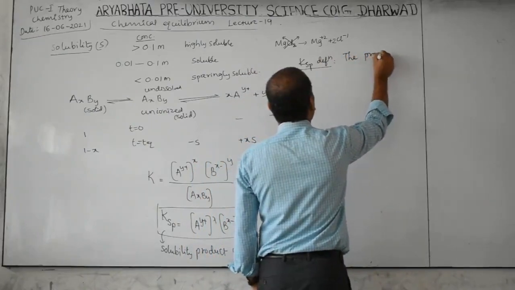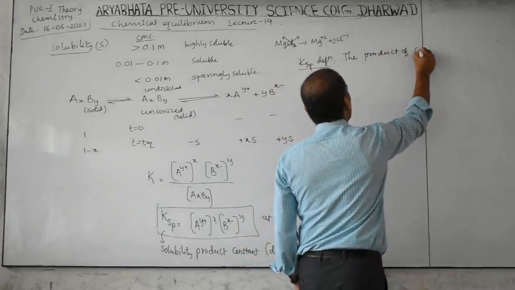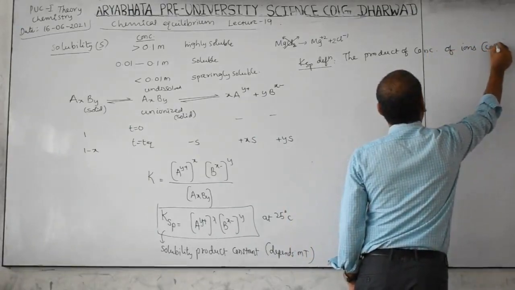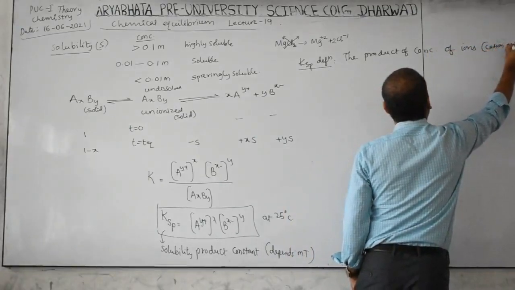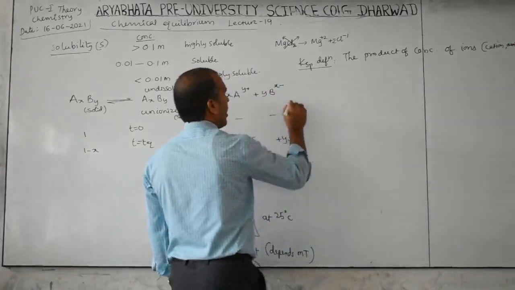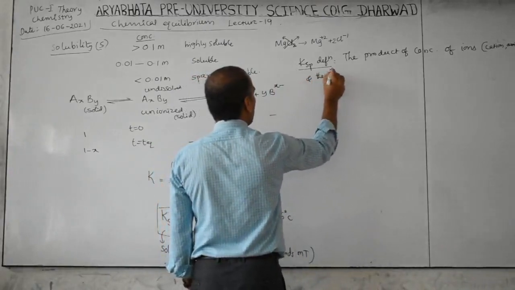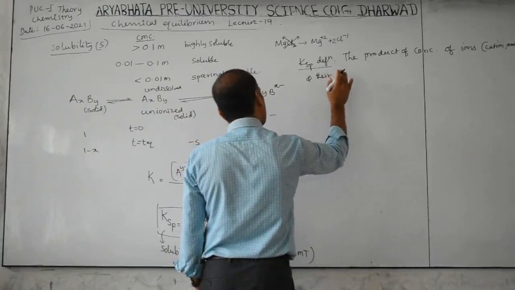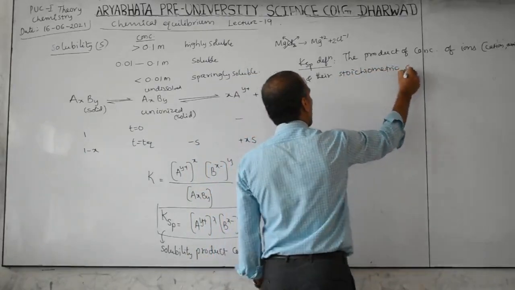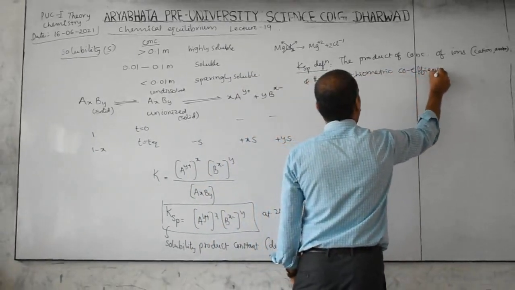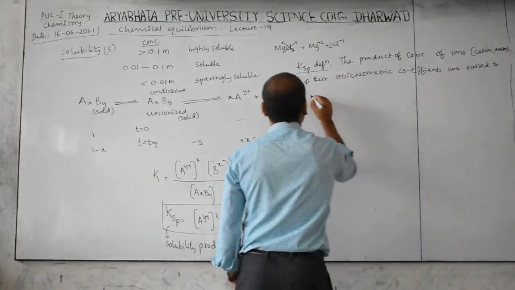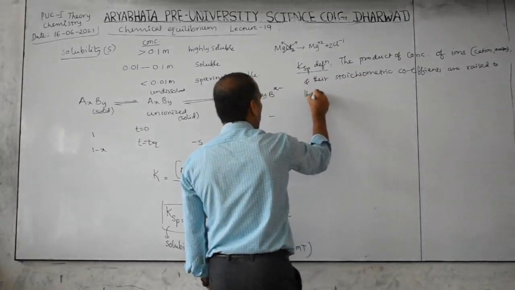The product of concentration of ions in brackets, cation, anion, and their stoichiometric coefficients are raised to their powers.